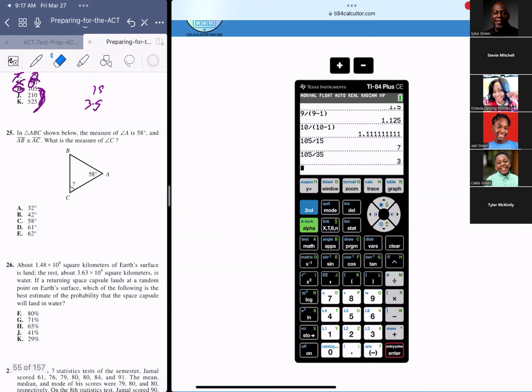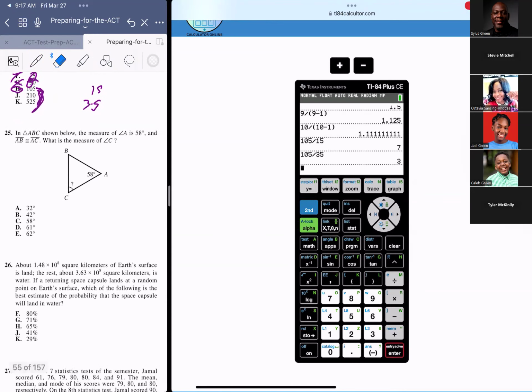Okay. In triangle ABC shown below, the measure of angle A is 58 degrees, and AB is congruent to AC. What's the measure of angle C? If AB is congruent to AC, what did we just learn? We learned that if these two sides are congruent, then the angles opposite from them, B and C, are congruent.